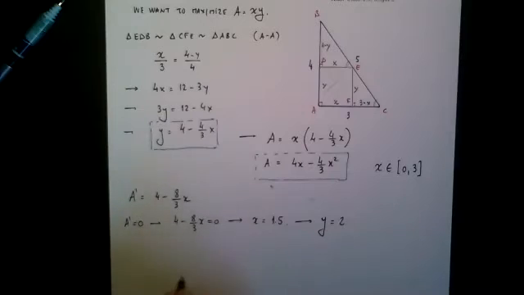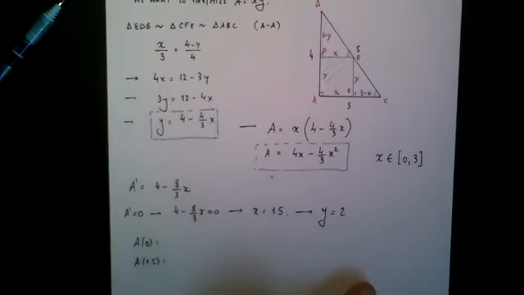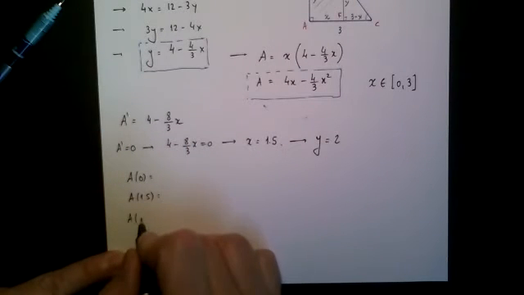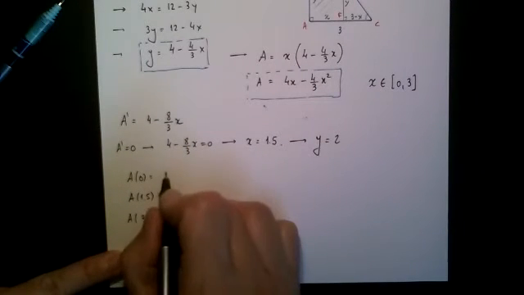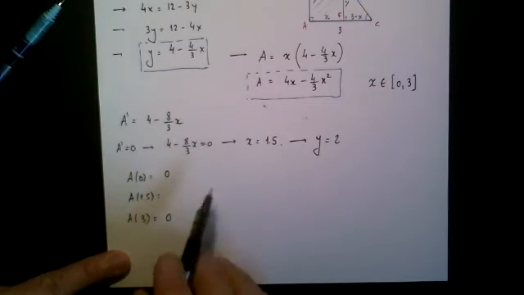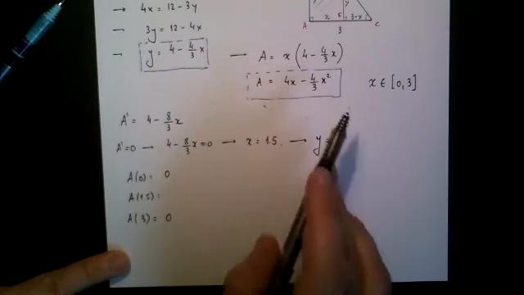Let's verify if it's a maximum or not. So A of 0, A of 1.5, and A of 3. A of 0 is 0, A of 3 is 0, you could check. And A of 1.5, I plug in 1.5 in here.